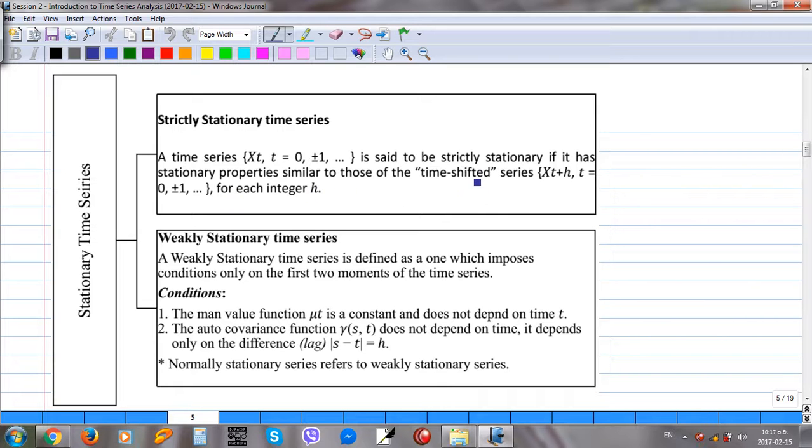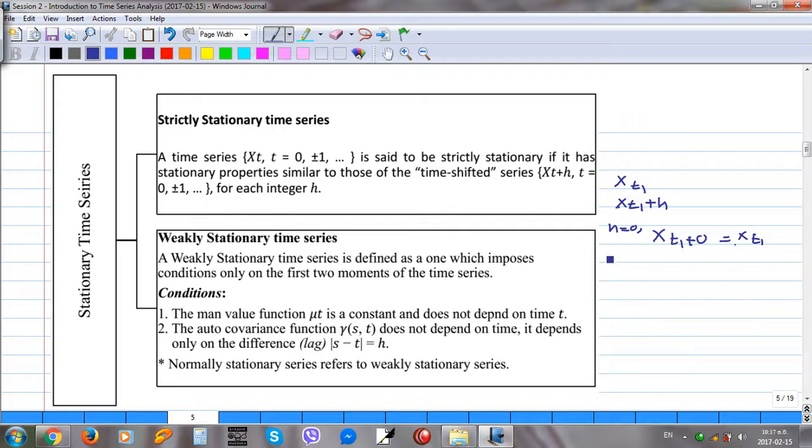So if time is shifted, it means if we have a term called X_{t1}, right? If we shift X_{t1} plus h, when h equals 0, what is it? X_{t1} plus 0, because h equals 0, so it is X_{t1}, right?